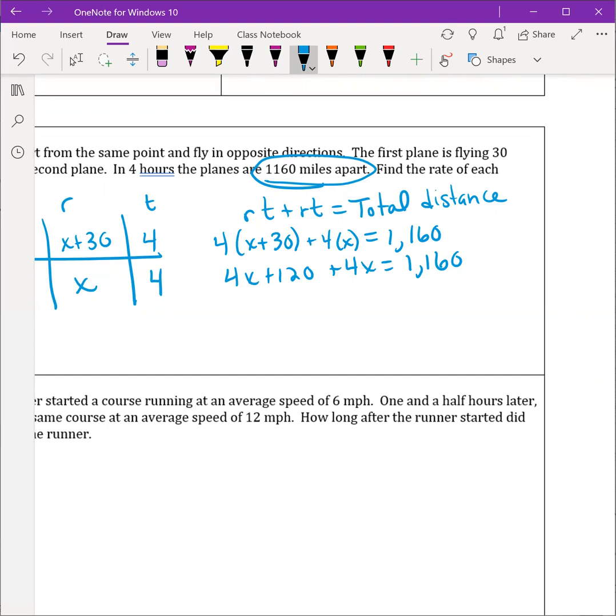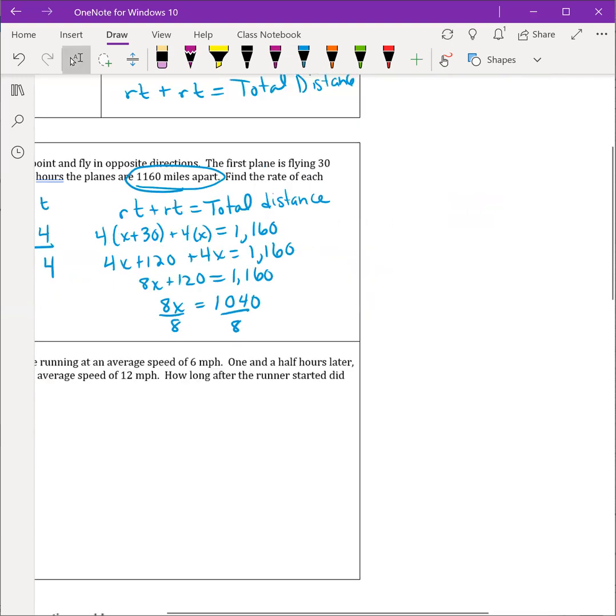Combine like terms, 8x plus 120 equals 1,160. Subtract the 120, 8x equals 1,040. Divide by 8. X equals 130, sorry.